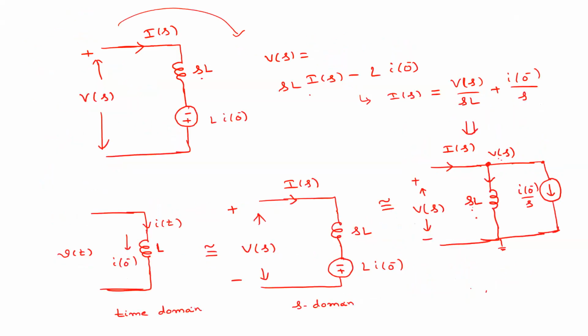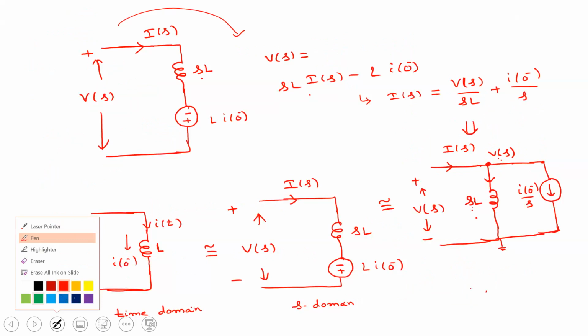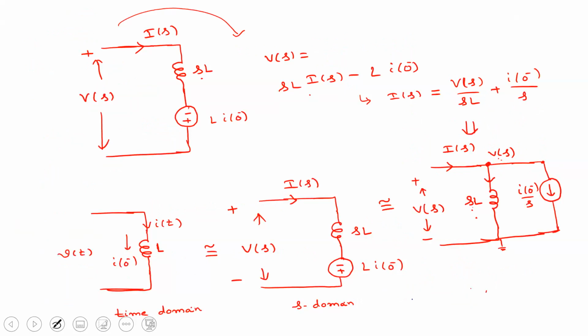If there is no initial condition, that means I of 0 equals 0. How will the inductor be modified if you have no initial conditions? This is the time domain and this is the S domain.